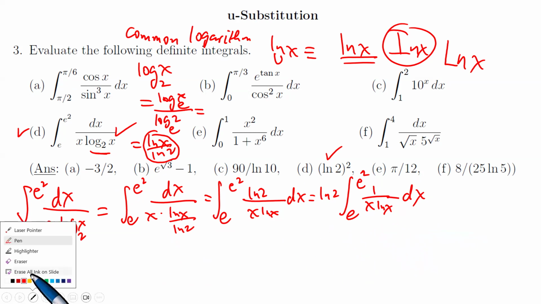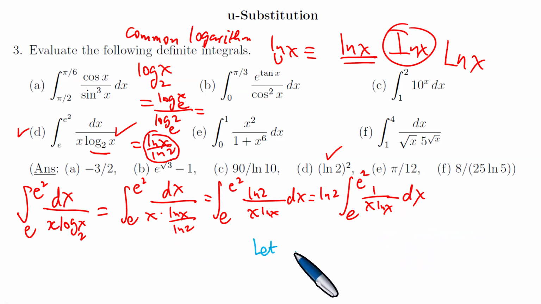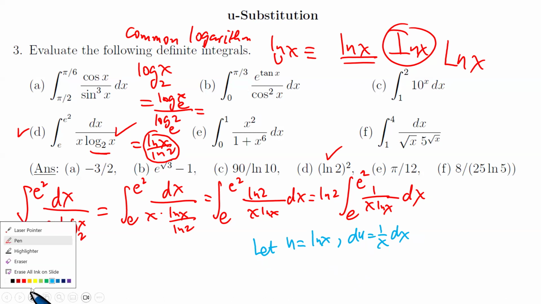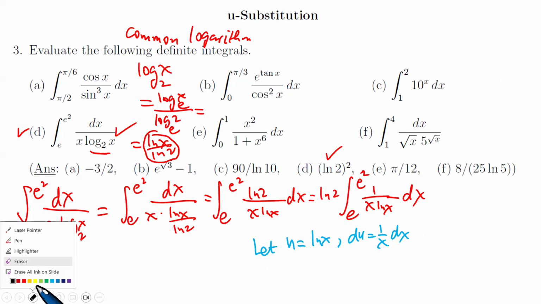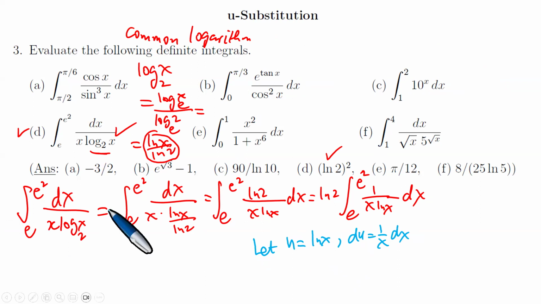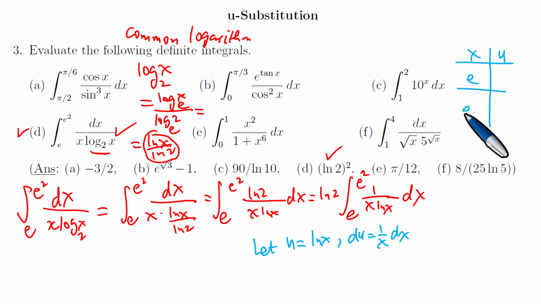But now let us reason as follows. Here we're going to let u be ln x. If u is ln x, then we can find the derivative, which is 1 over x dx. Now, the limits: u is ln x.